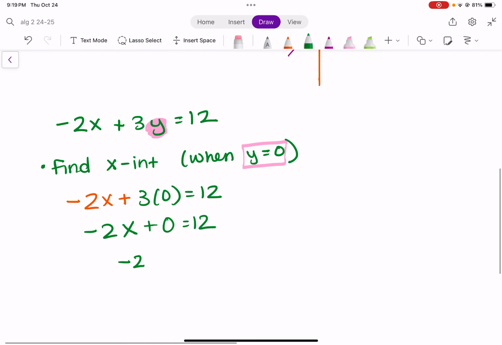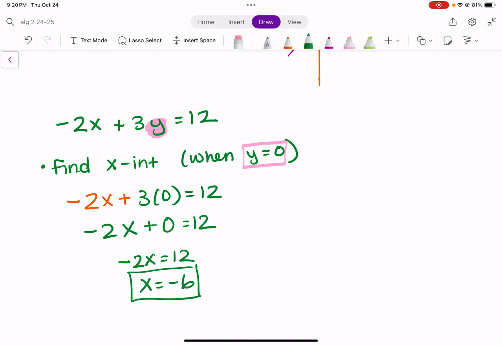Hopefully you start seeing some shortcuts. So x is going to be negative 6. The x-intercept is negative 6, or you could write it as the point negative 6 comma 0, because the y is always 0.